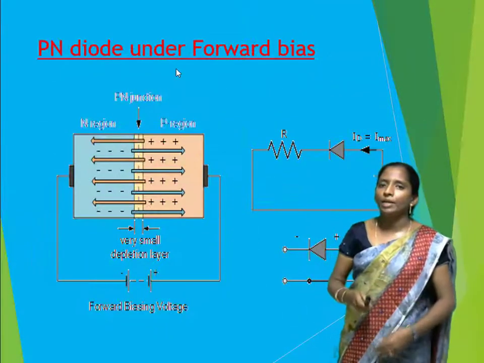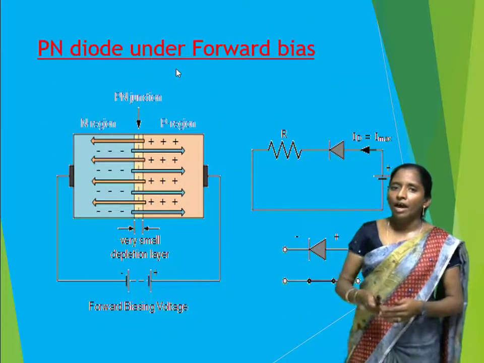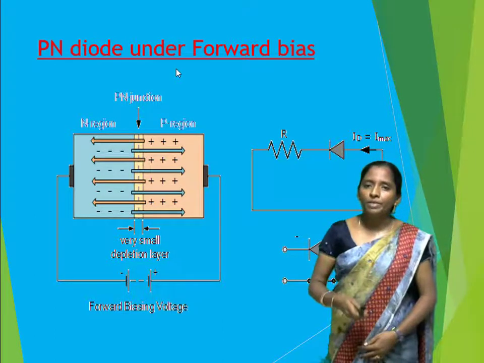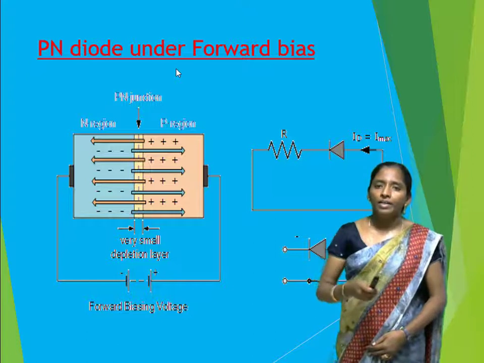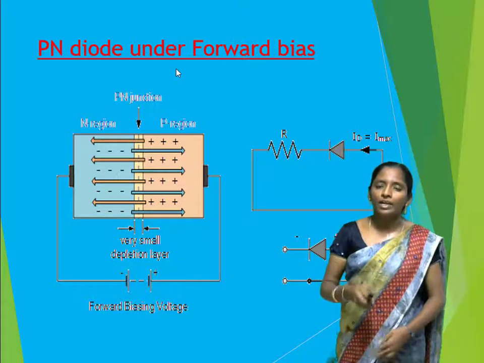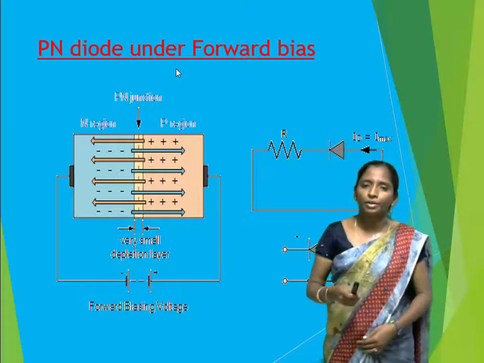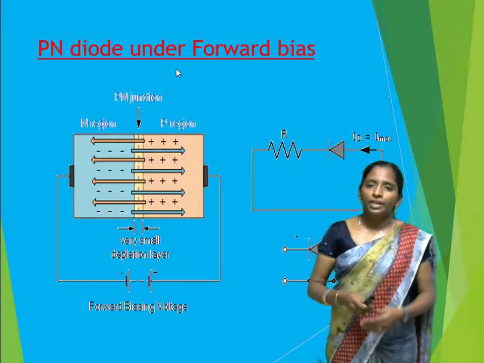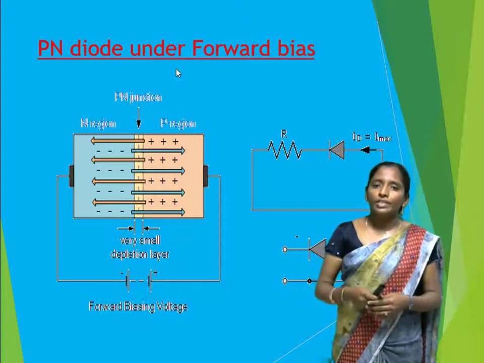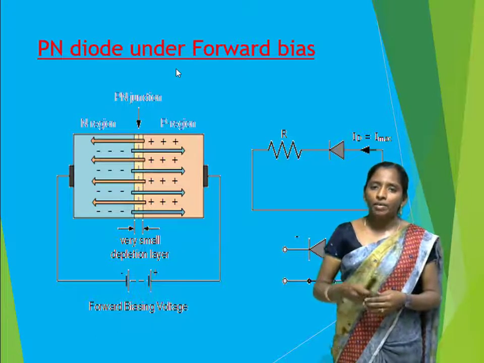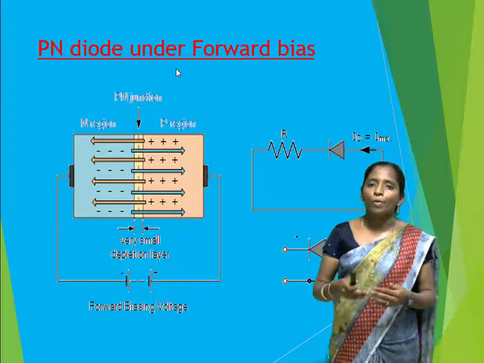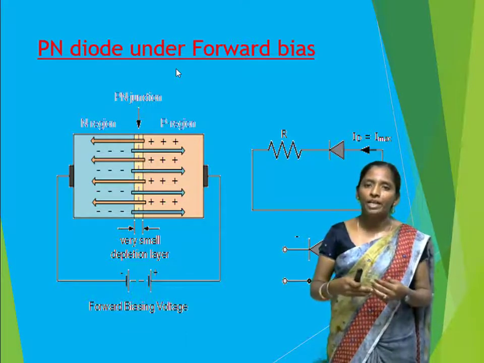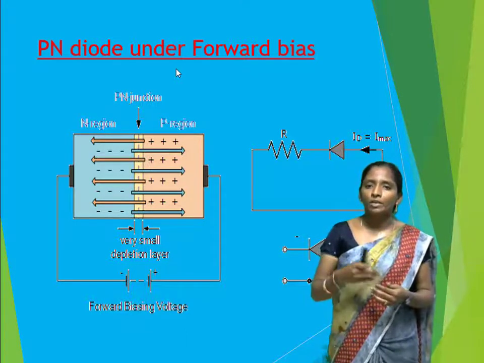PN junction diode under forward bias condition. Forward bias means the positive terminal of the battery is connected to the p-type material and the negative terminal of the battery is connected to the n-type material. Then the electrons in the n-type material are repelled by the negative terminal of the battery towards the junction, and holes in the p-type material are repelled by the positive terminal of the battery towards the junction.